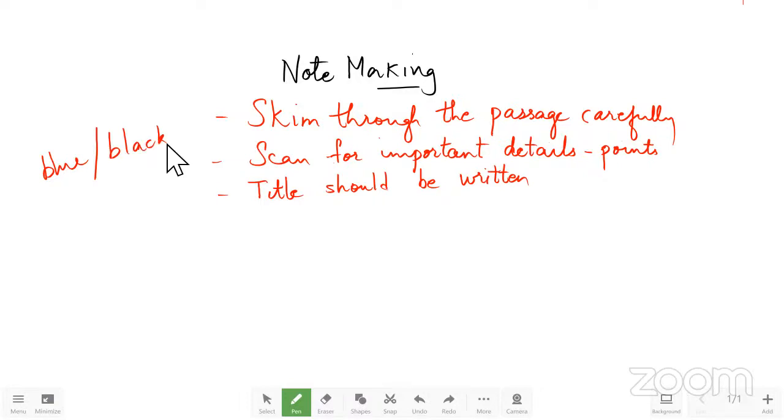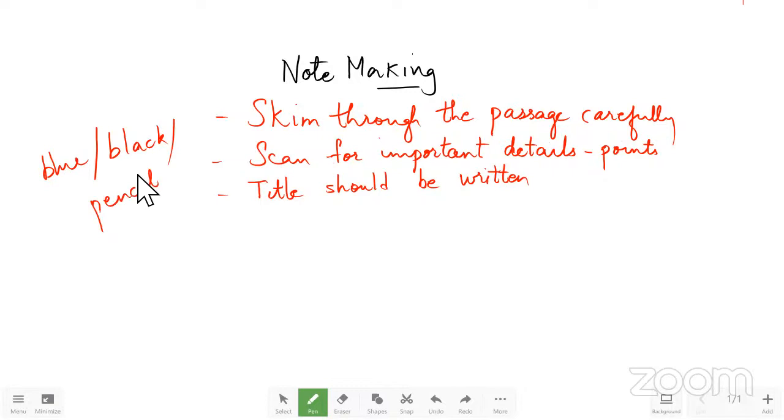Since the print is in black, it is easier if you do it with a blue pen or even a pencil. Underline the important points. Otherwise, since it's a rule that you cannot write on the question paper, make a note in the answer sheet.